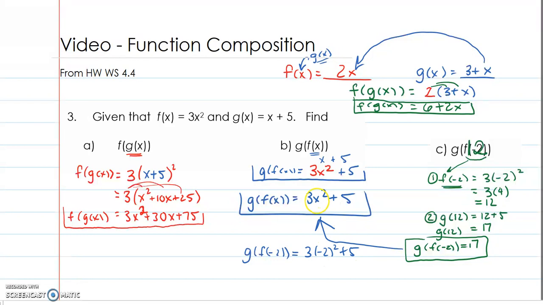So I'm just plugging the negative 2 right into there. So 3 times 4 plus 5, I'm following the order of operations, and that equals 17. So I get the same value. That's really what function composition is: you are evaluating one function and then putting that output into the next one's input. So these are the same kind of idea and concept.